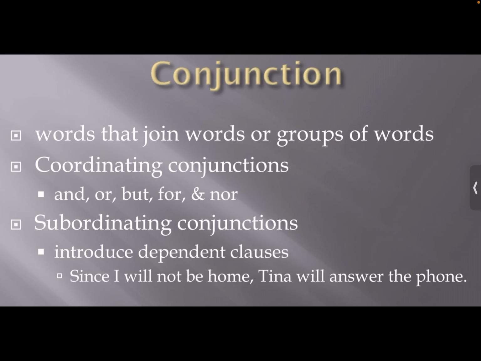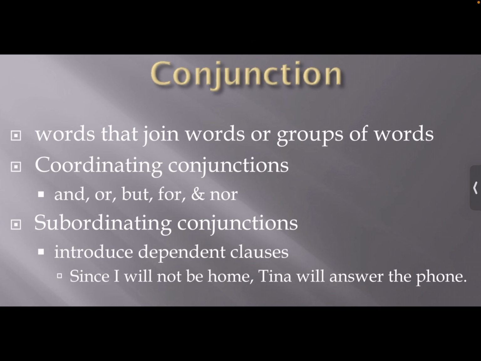Now, there are three different kinds of conjunctions. We have coordinating, we have subordinating, and we have correlative. But now I just want to talk about coordinating and subordinating conjunctions.